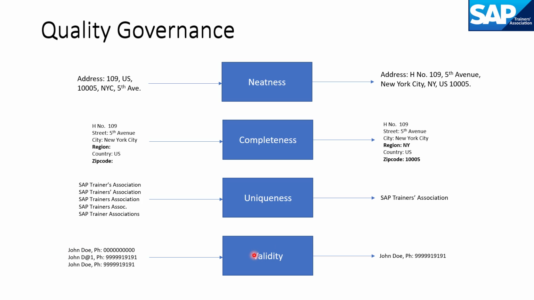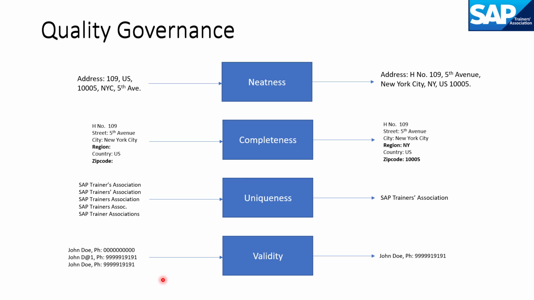Then comes validity. The system ensures whether the data is valid or not. So neatness, completeness, uniqueness is one thing. Validity is a non-optional thing. The data should be valid. So let's say somebody enters John Doe with phone all zeros, then John D@1 with phone all zeros, then a proper phone number, then John Doe with a proper phone number.